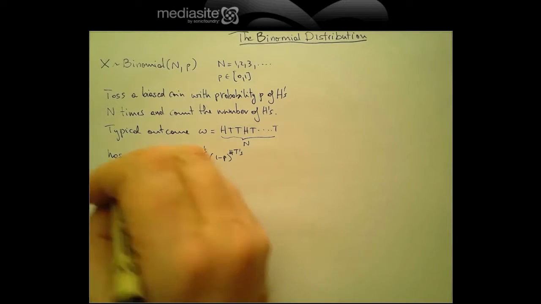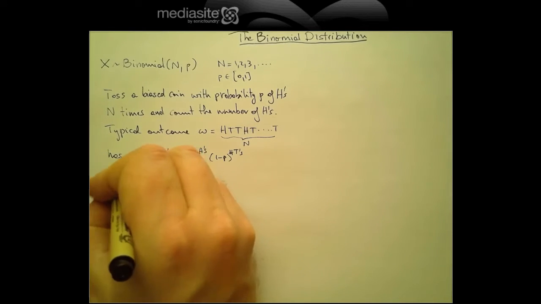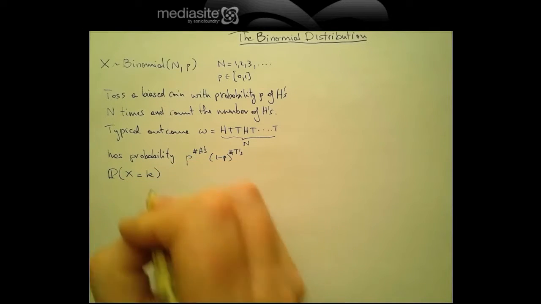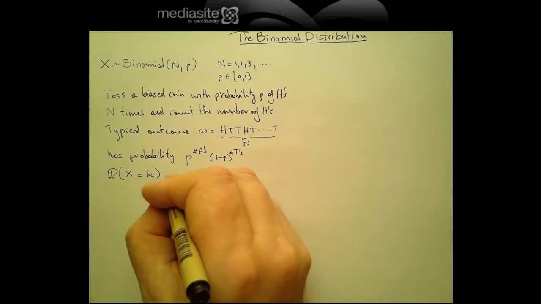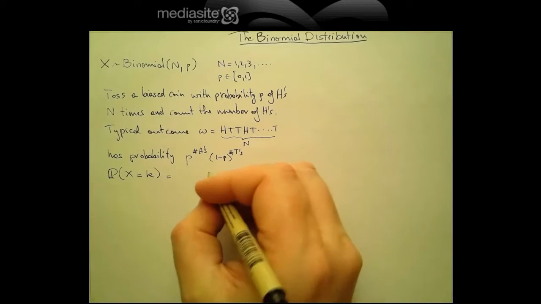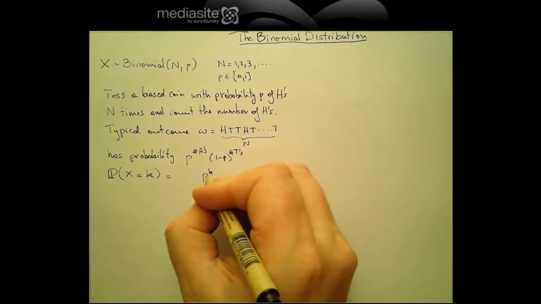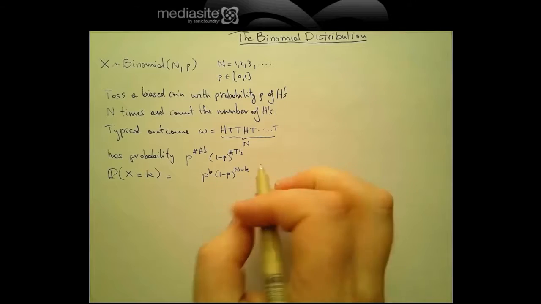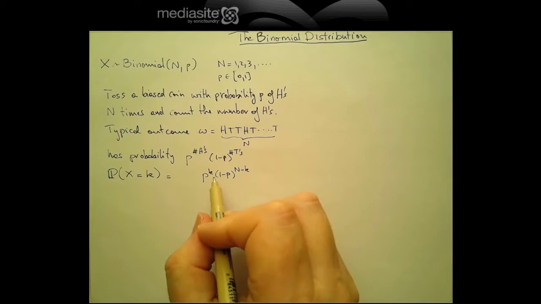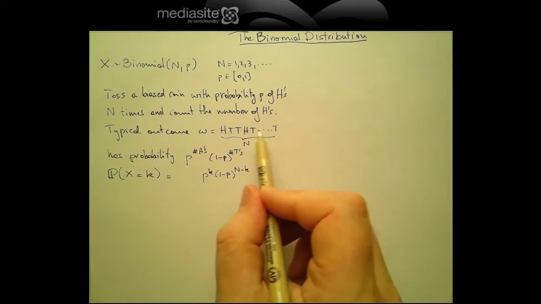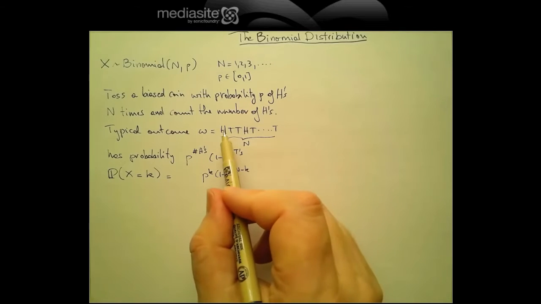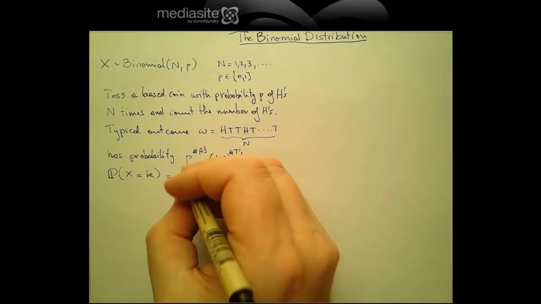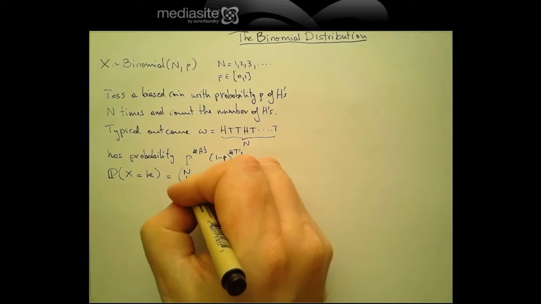Right, so if we want to get the probability that the number of heads is k, some fixed number k, well, we need to look at p to the k times 1 minus p to the n minus k, but this has to happen for every possible combination that has exactly k heads in n tosses, and that's where the binomial coefficient n choose k comes in.